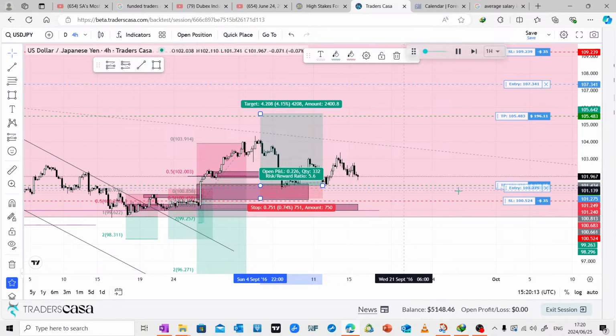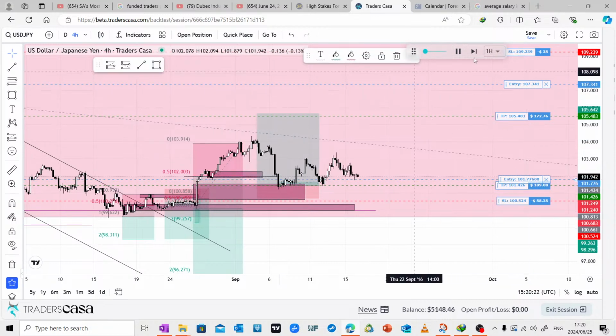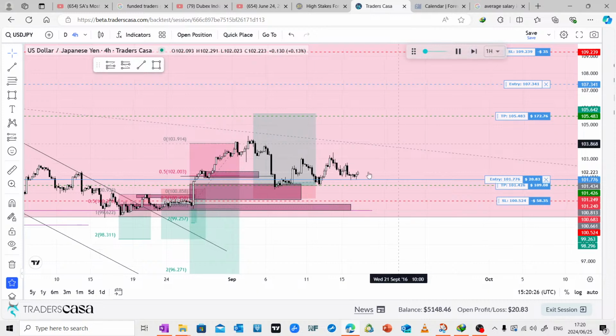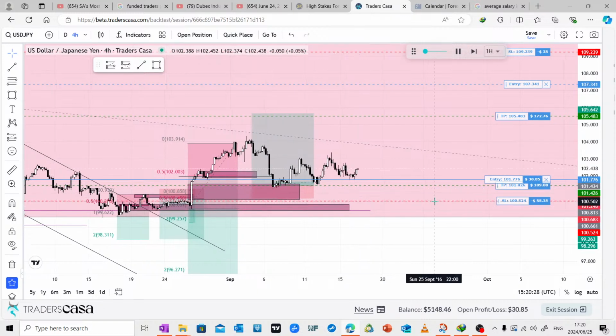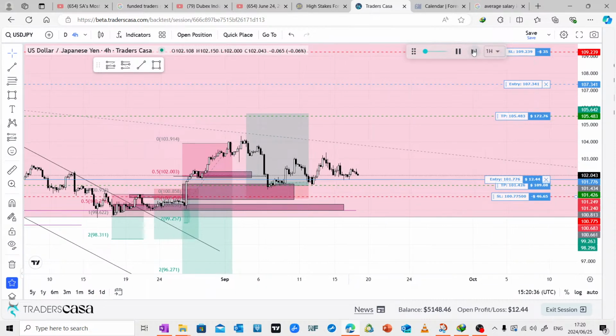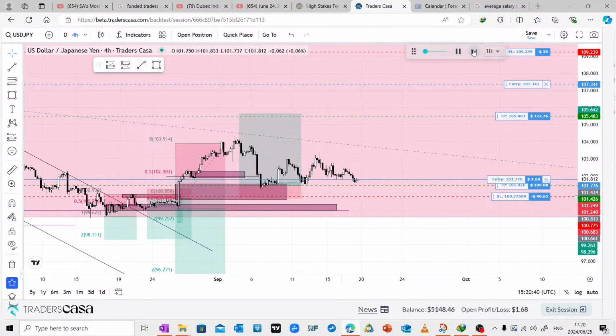Didn't tag me in, but we could say, okay, let's now put our entry in that other block right there. Hope we get tagged in. Boom. Tagged in. Move our stop. Stop slightly in the same amount. Let's see if we attack those highs.